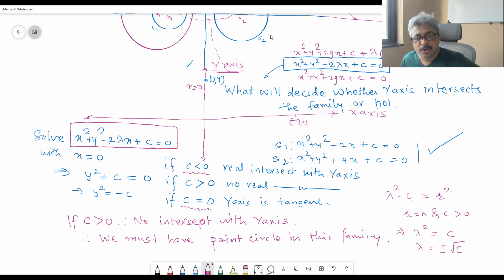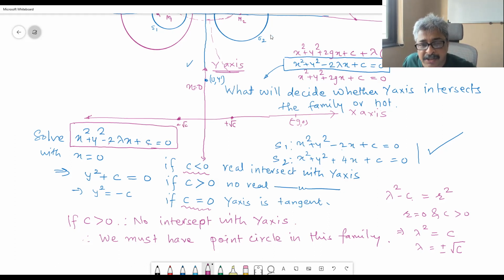So when you have positive c, you have 2 points, one here and one here, whose coordinates are going to be plus root c and minus root c, that is, lambda plus and minus. These are the 2 points which will represent point circles.